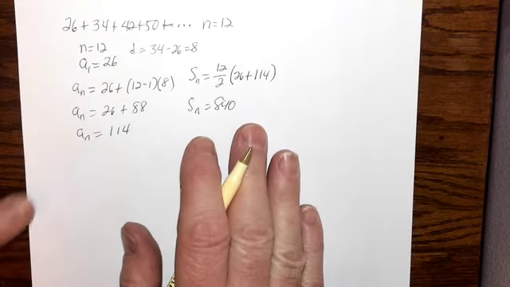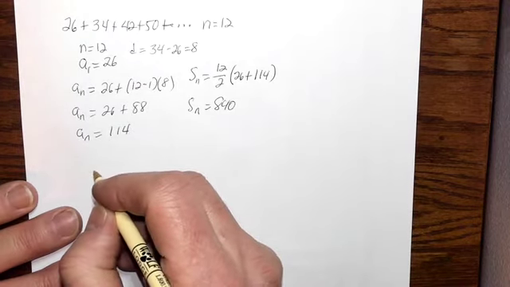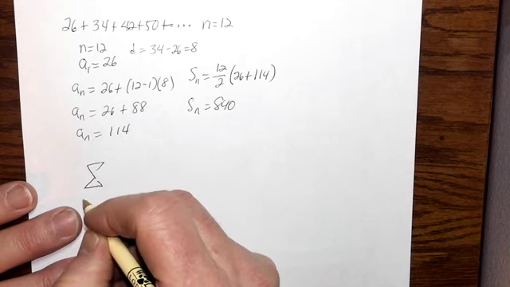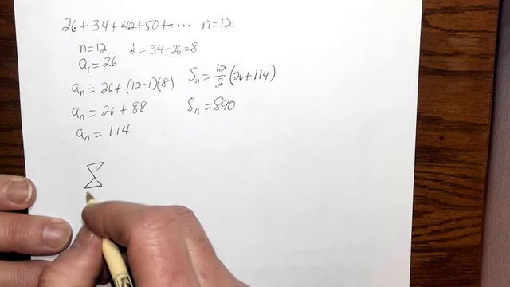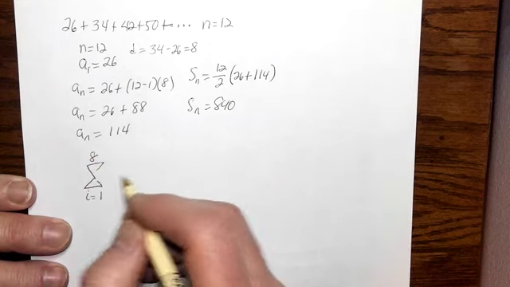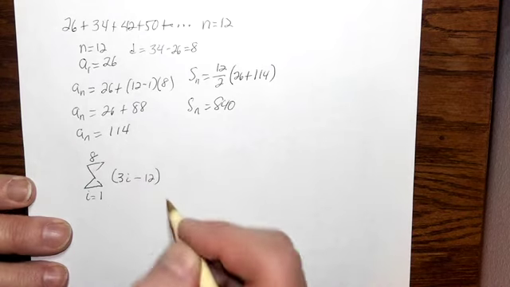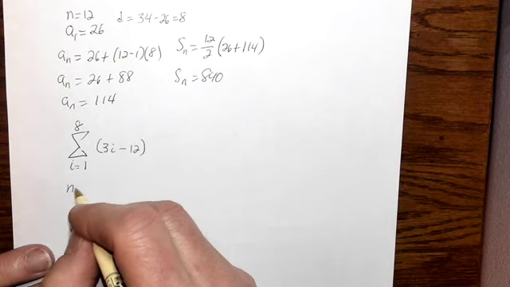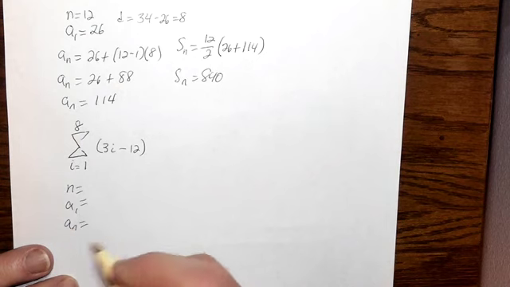Okay, one more example. Again, if I gave you a summation using sigma notation, and let's say I went from i equals 1 to 8 of 3i minus 12. Same information I need. I need to know what n is, what a sub 1 is, and what a sub n is.